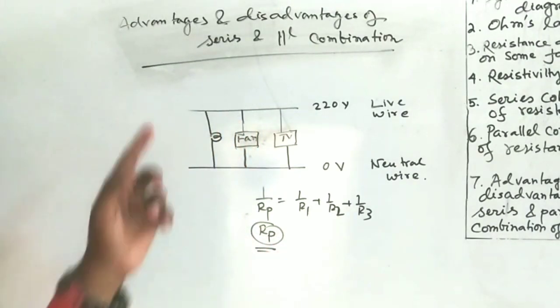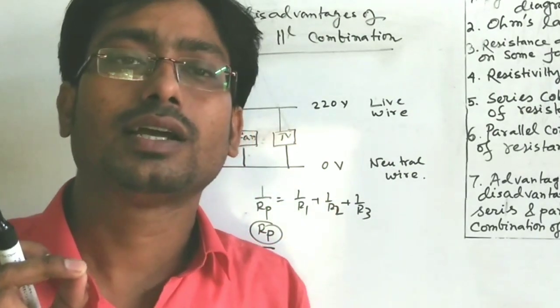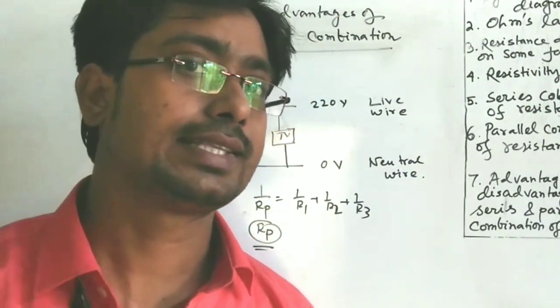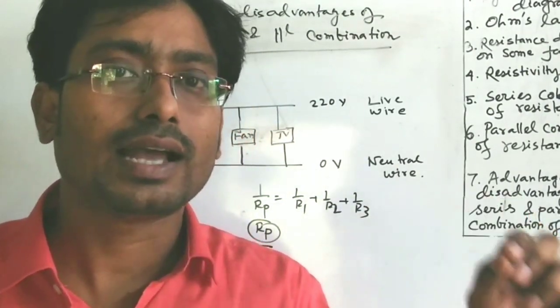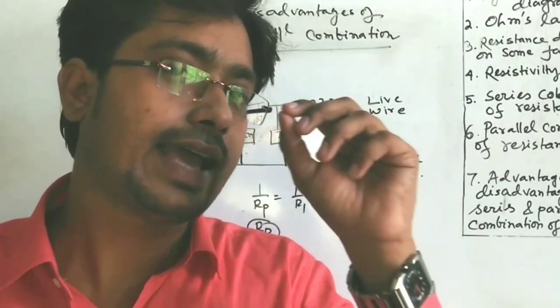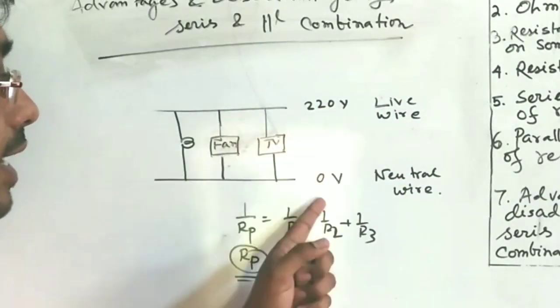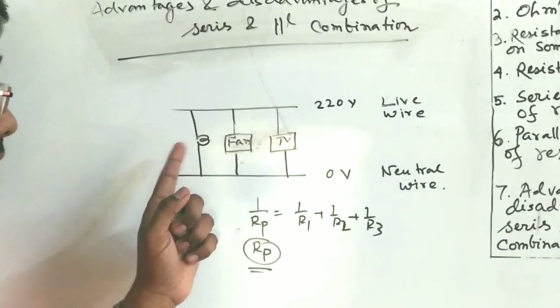Second, in a parallel combination, each and every appliance gets 220 volts, which is very essential. In a series combination, appliances will not get the proper fixed voltage. It is 220 volts for the live wire and 0 volts for the neutral wire, and inside we have attached a bulb, fan and TV.